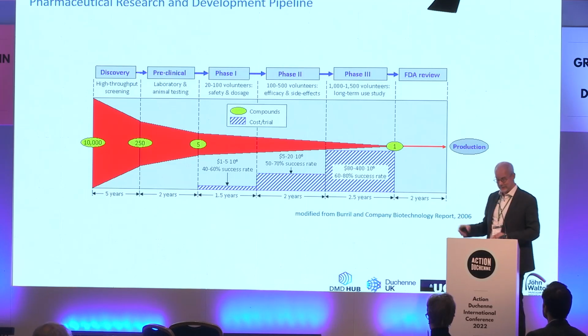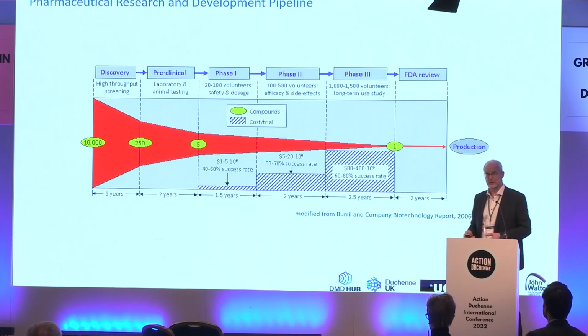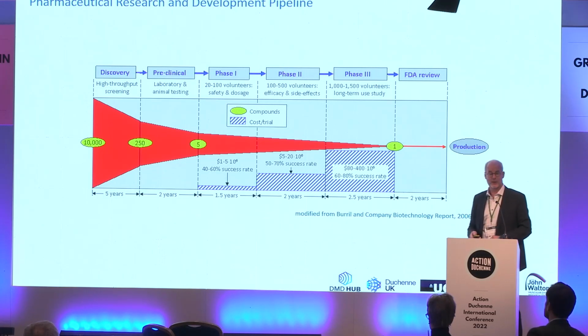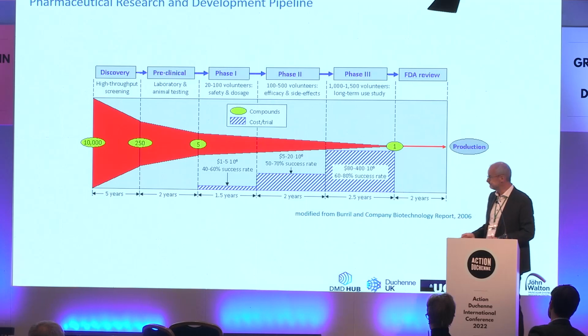So if you test 10,000 compounds, it's very cheap. If you test one very robustly, it becomes extremely expensive, which, to the parents that were in the room yesterday, is one of the reasons why increasing this box is a challenge, even for big companies.